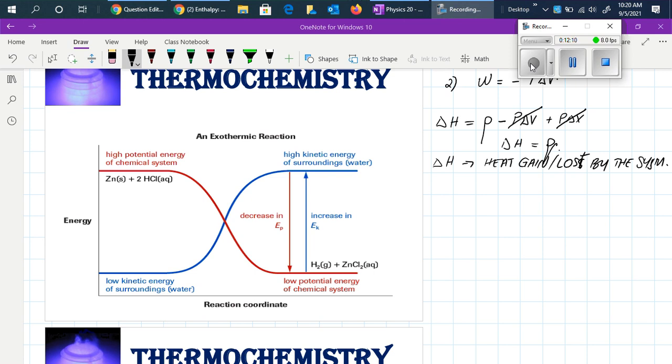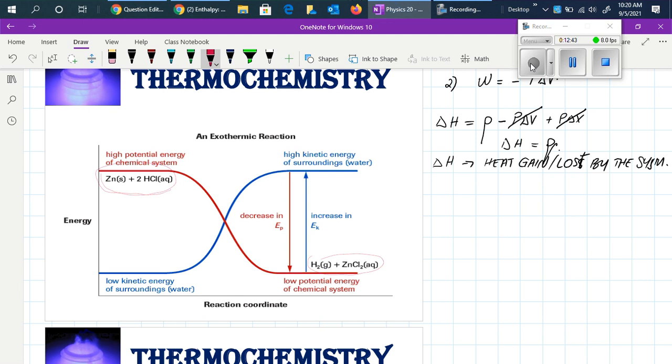What is happening here is that the red line represents the potential energy of the chemical bonds, or the sum of potential energy that the chemical bonds have when we have the reactants zinc and hydrochloric acid, and then as products hydrogen and zinc chloride.